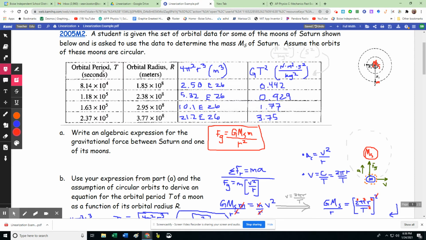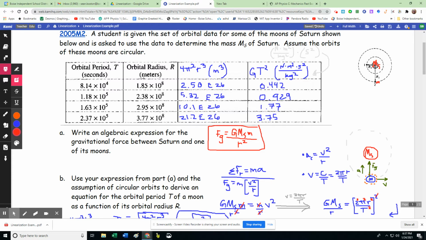So for this orbital period, I take that and transform it according to this equation into this stuff over here, and I just go ahead and transform all that data for the first column into this right-hand column.